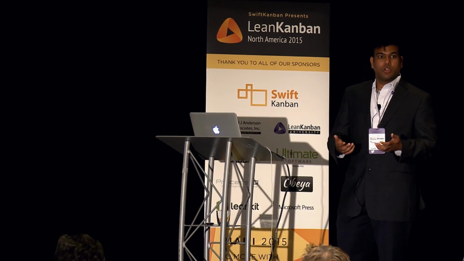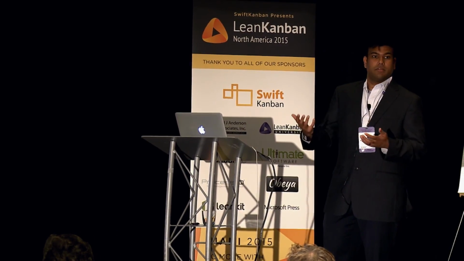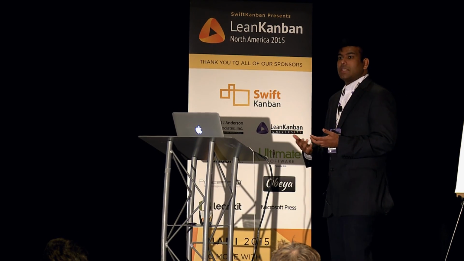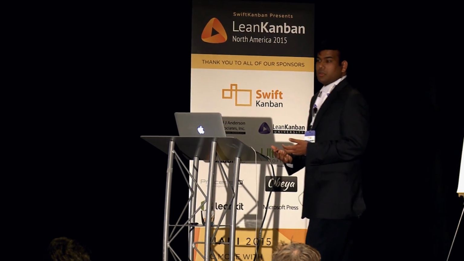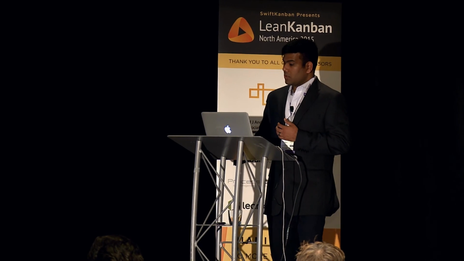The other thing that the team did was using Little's Law. So basically using Little's Law to understand what sort of expectations they can set with their product owner. And that was very important as well.